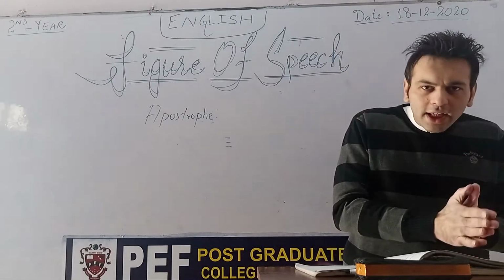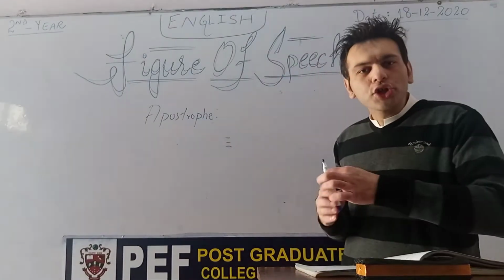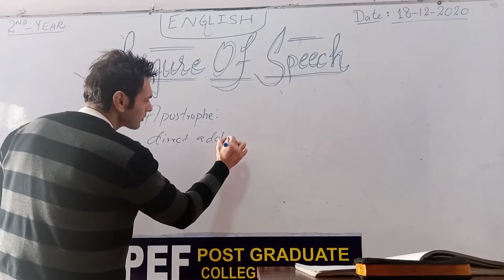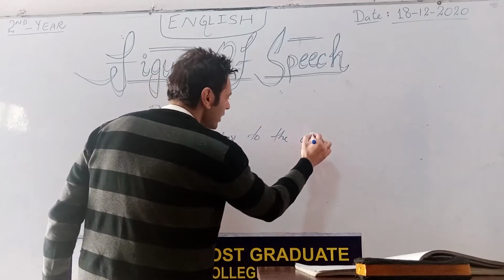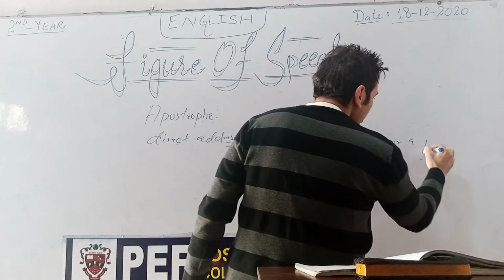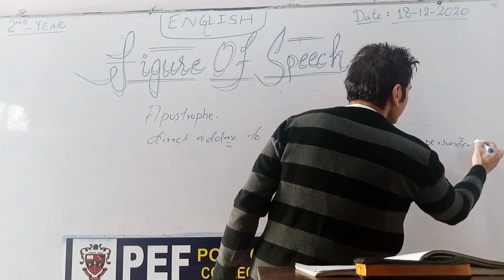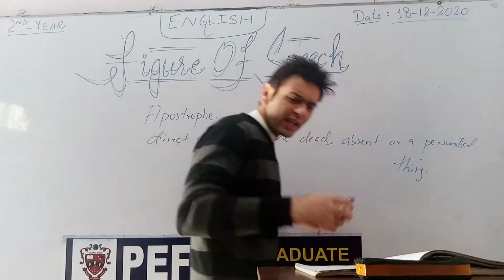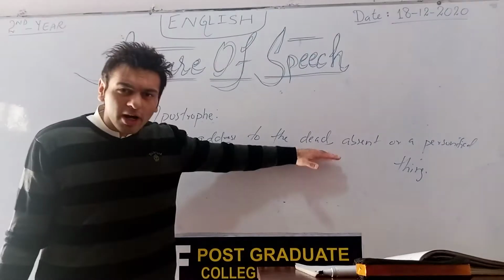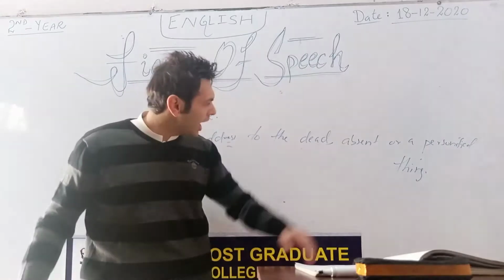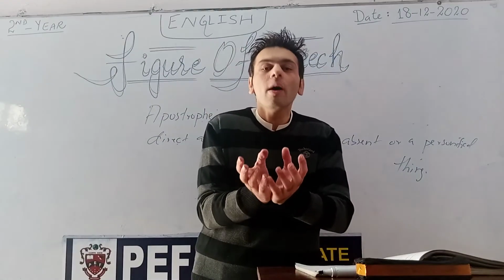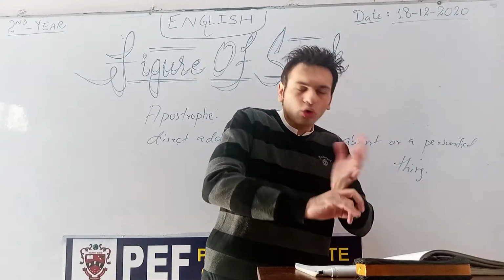It is another figure of speech in which there is a direct address to the dead, somebody absent, or a personified thing. इसका मतलब क्या है? डायरेक्ट एड्रेस, मुखातिब होना to somebody who is dead, जिंदा ना हो या उस वक्त पर मौजूद ना हो, या एक ऐसा personified object जिसको आपने personify किया हो. वो कोई भी चीज हो सकती है.